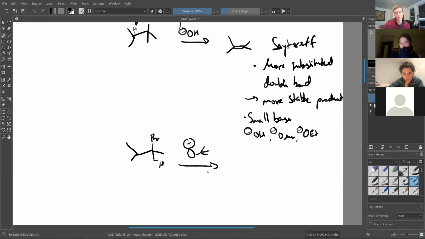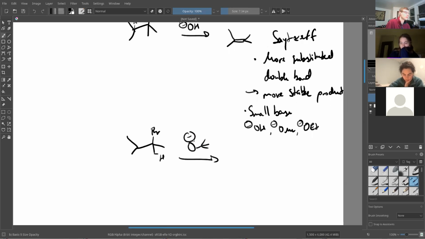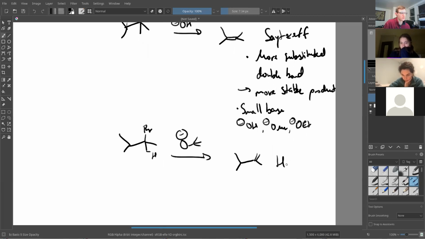This is the most common one that you'll see being used for it, right? And it's going to pull off whatever is most easily accessible. So in a case like this, you'll get a structure like this. So this is Hofmann. This is the least, I guess I'll just say least instead of less, so this is the least substituted.